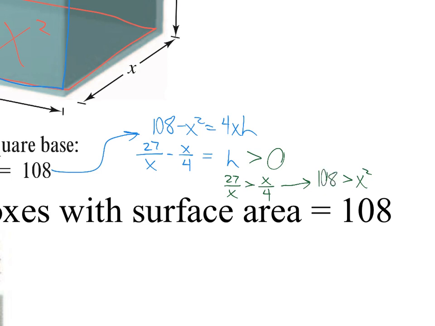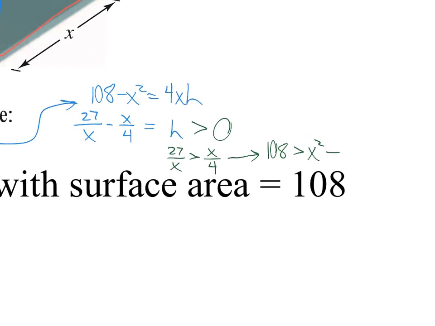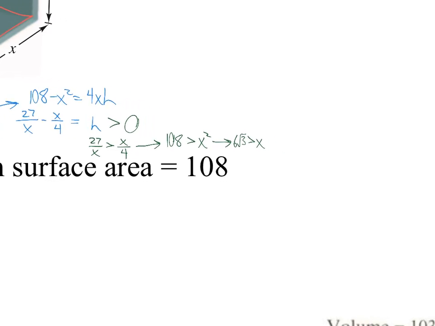Okay? So that gives me one boundary. X has to be less than whatever square root of 108 is, which would be 2 times 3, 6 root 3. Okay? But also x has to be greater than 0.